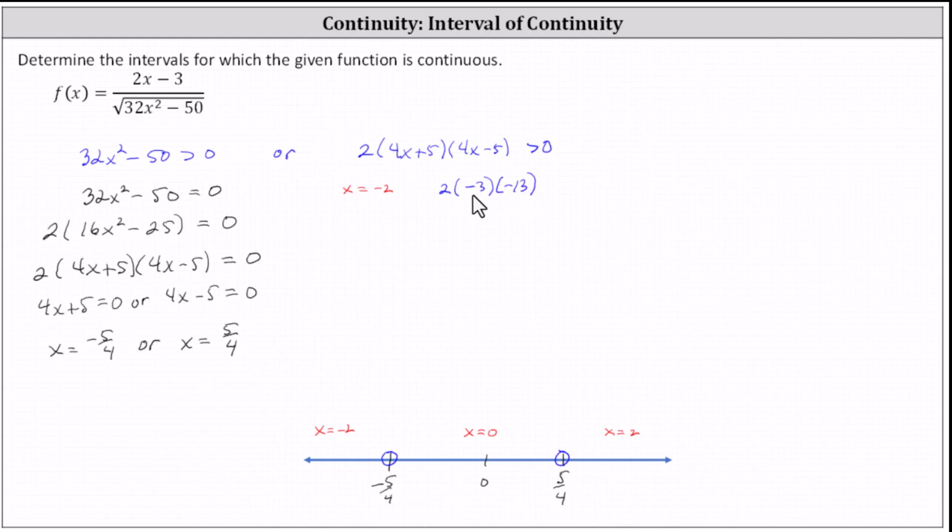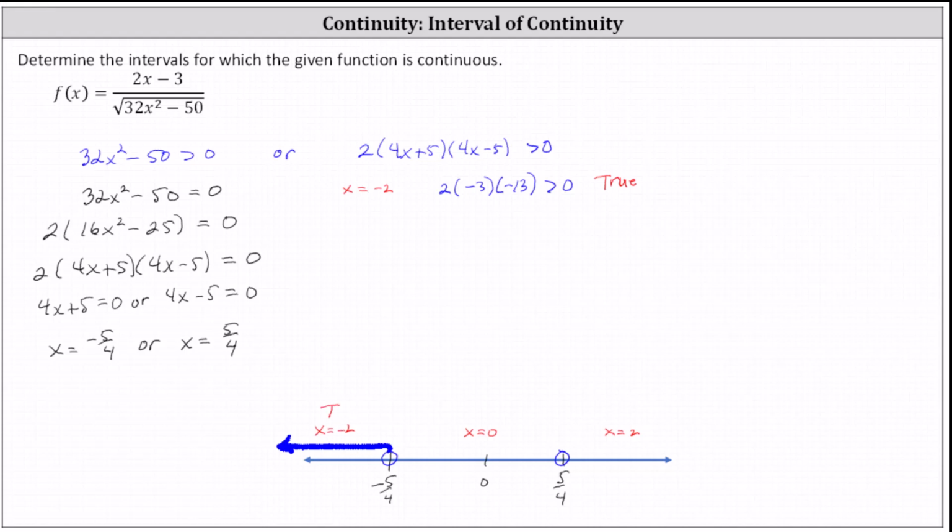A positive times a negative times a negative is positive, which is greater than 0, which indicates x equals negative 2 does satisfy the inequality, and the entire interval is also true, meaning it satisfies the inequality. So we'll go ahead and graph the interval x less than negative 5/4, again, because x equals negative 2 was true.